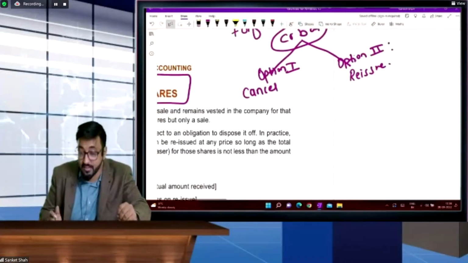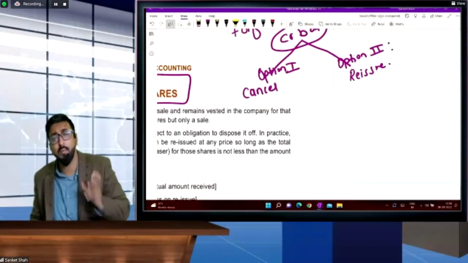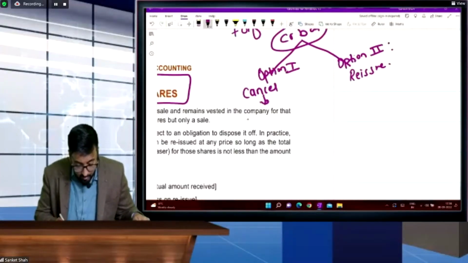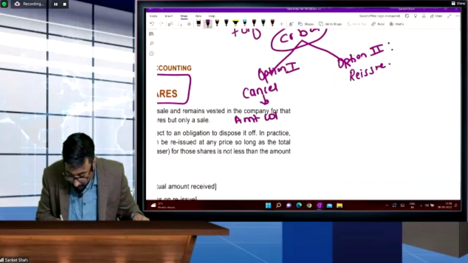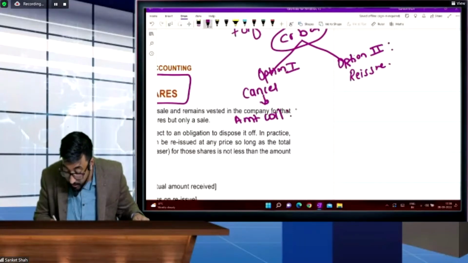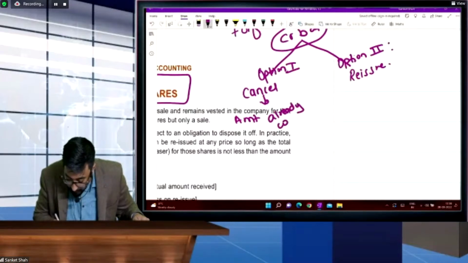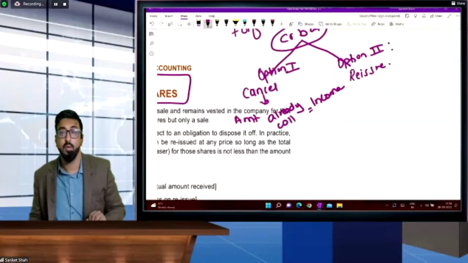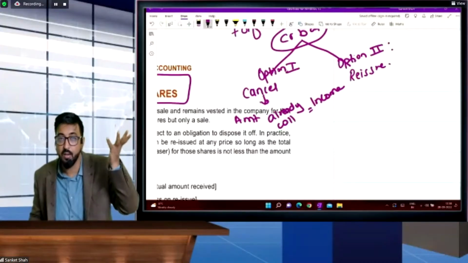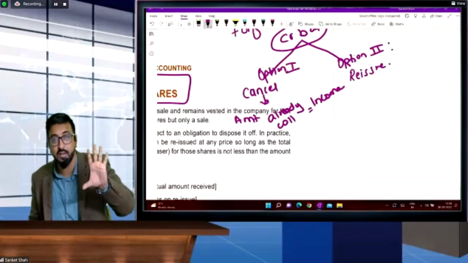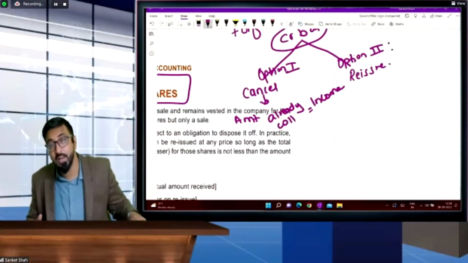Permanently cancel your ownership. Now, whatever amount you collected is already collected. Amount already collected is now your income. You already collected some amount, right? You cancelled his ownership, but some amount is collected from him.